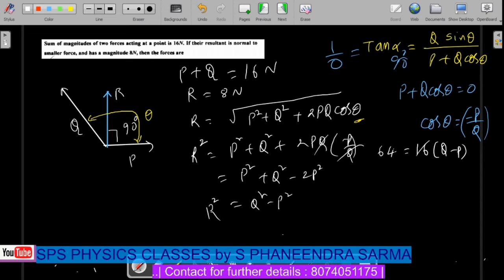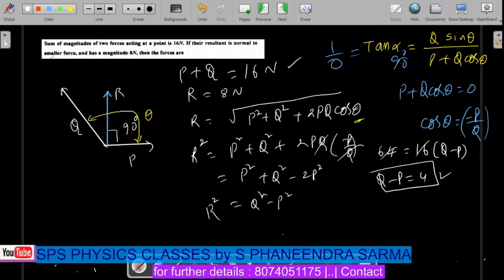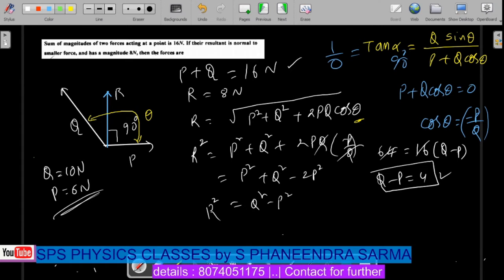That means 16 is cancelled 4 times here. Therefore q minus p is equal to 4. Here 16 newtons, here 4 newtons. Upon solving them, we have q is equal to 10 newtons and p is equal to 6 newtons. So this is the final answer for this particular question.